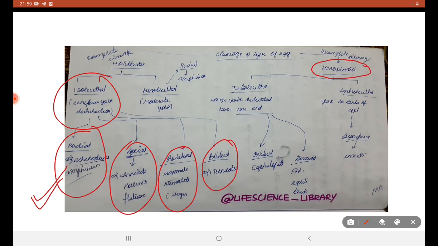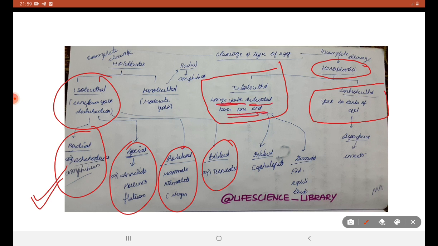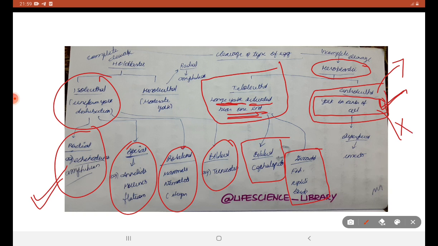Under meroblastic, incomplete cleavage, we have telolecithal and centrolecithal. Telolecithal means large yolk situated near one end. It shows bilateral and discoidal cleavage. Centrolecithal means yolk present in the center of the egg, so only karyokinesis occurs, no cytokinesis.